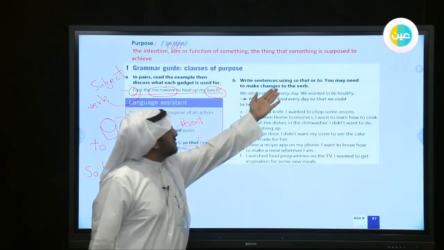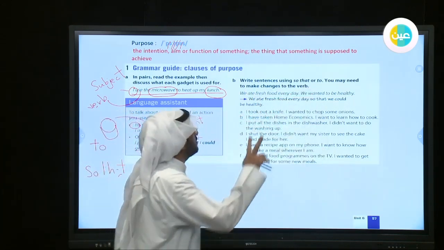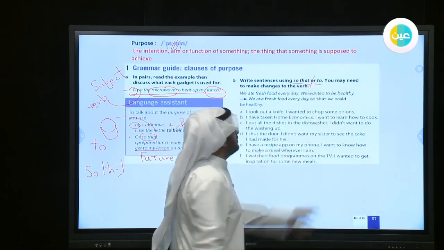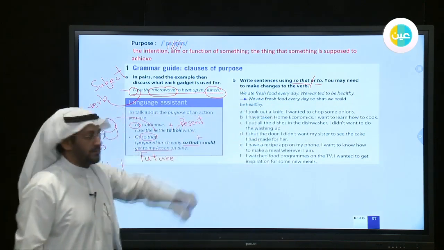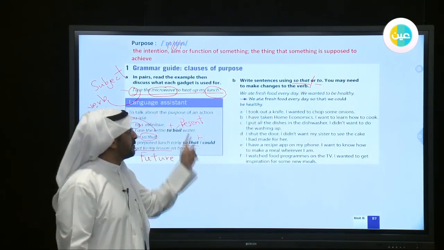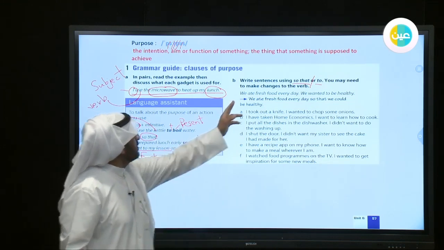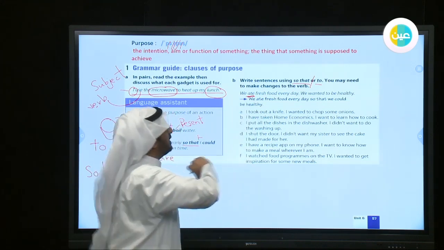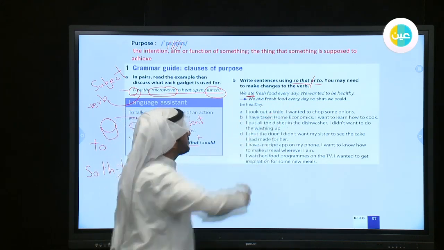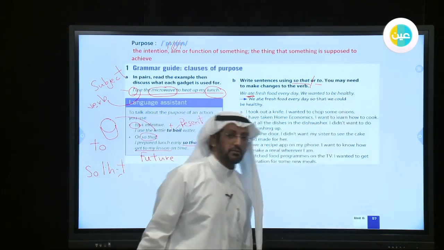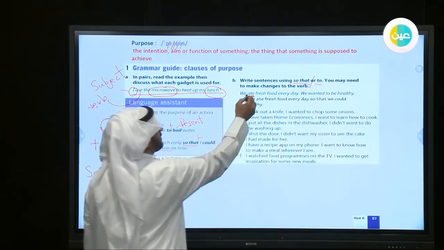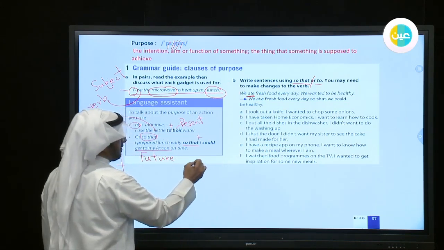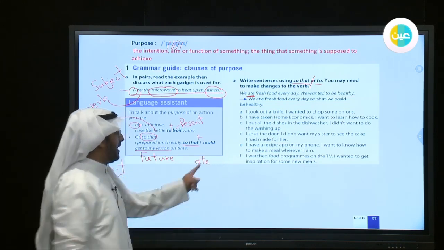B. Write sentences using so that or to. You may need to change the verb. Look for the verb. What happened to the verb? We ate fresh food every day. We want it to be healthy. Ate is the verb, past.